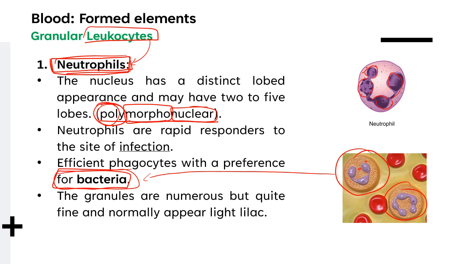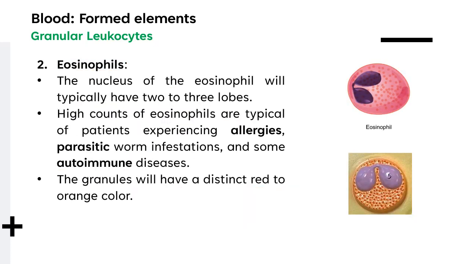So those are the four major things that you need to know for your exams: neutrophils, acute bacterial infections. Neutrophils, they have granules, but they do not stain. Polymorphonuclears, they have a nucleus that has multiple shapes. And lastly is the most common type of leukocyte in your blood. Now let's look at the eosinophils.